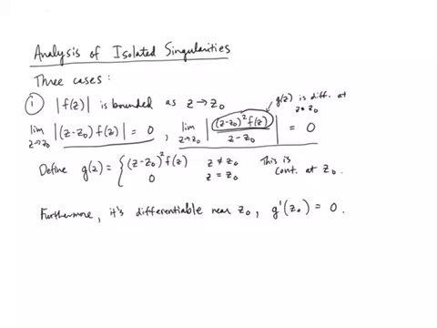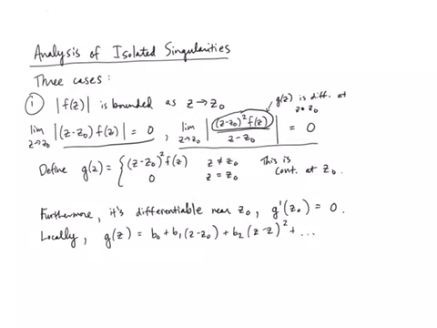Okay, well, it's a differentiable function, so we can expand it locally in a power series. Locally, g of z equals b naught plus b1 times z minus z naught plus b2 times z minus z naught squared plus and so on.